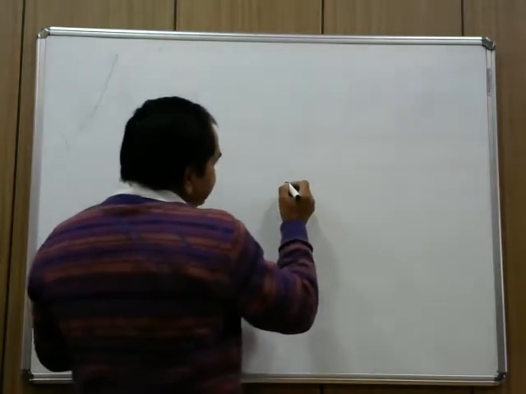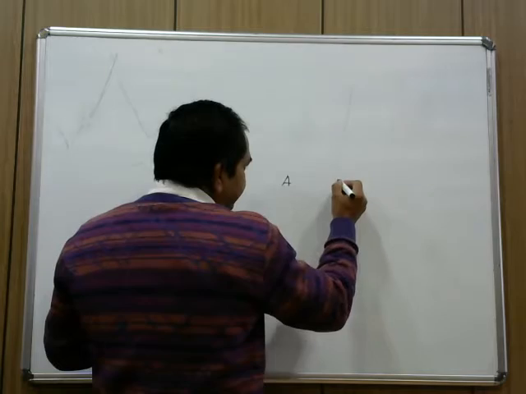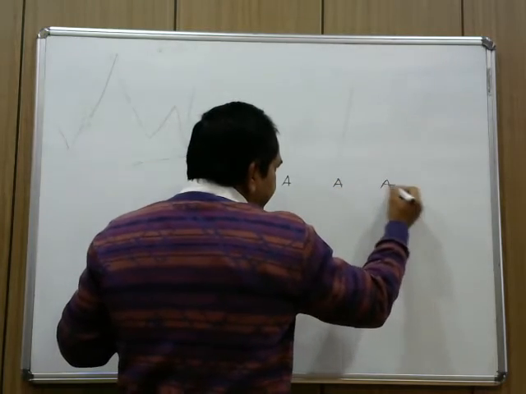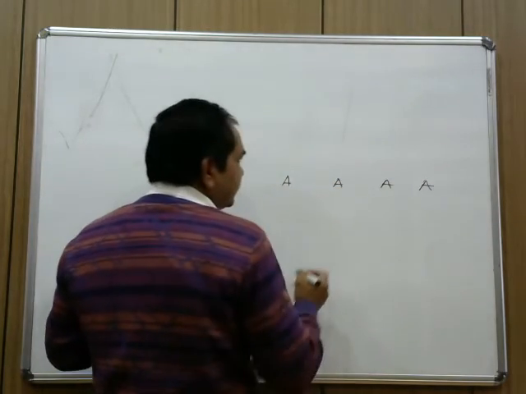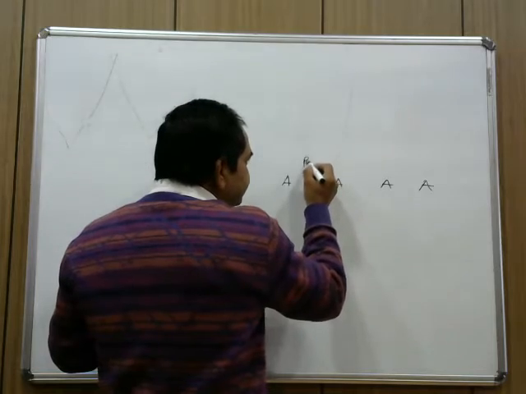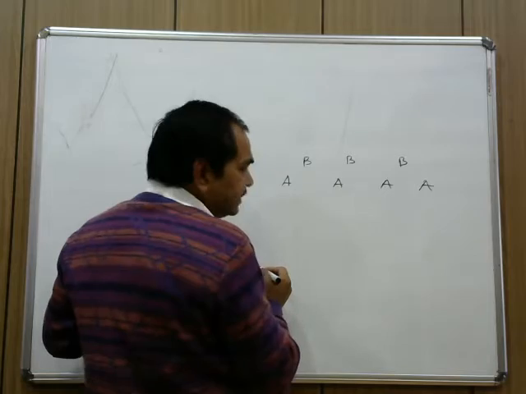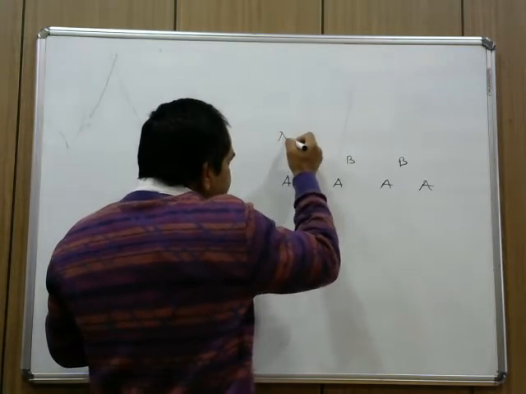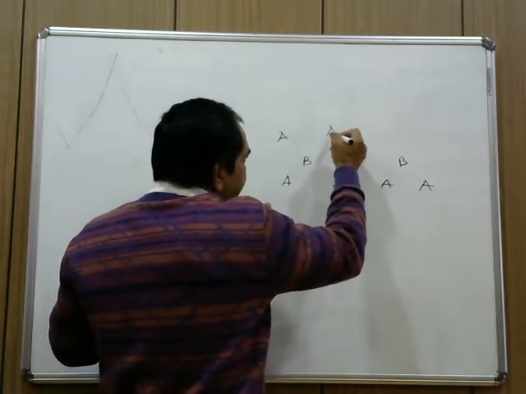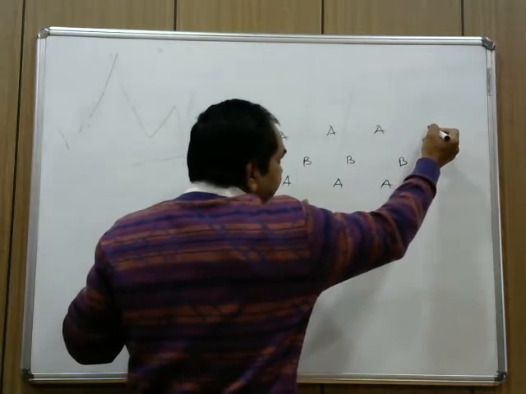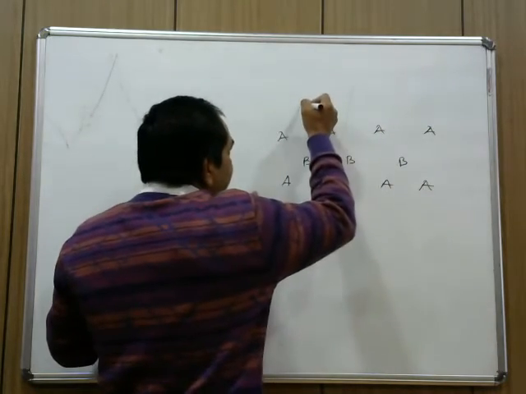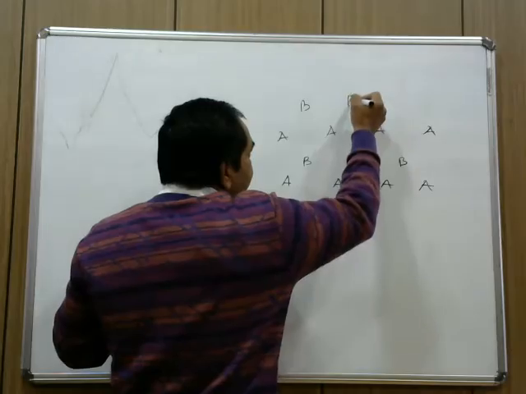So these are the squares of the first row A, A, A, A. Now these are the squares of the second row B, B, B, and these are the squares of the third row A, A, A, A, while these are the squares of the fourth row.